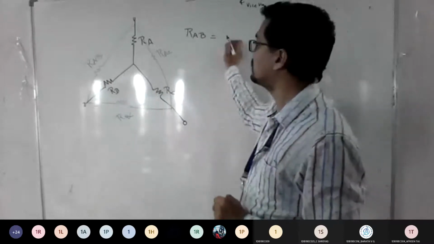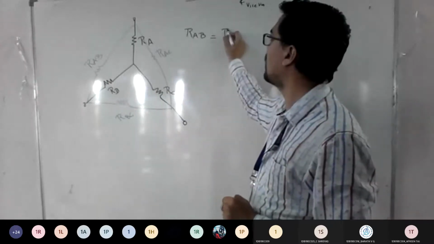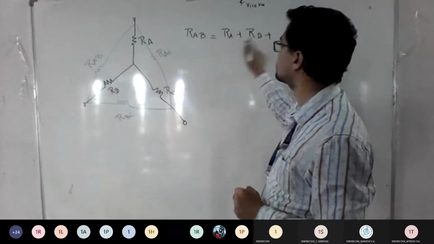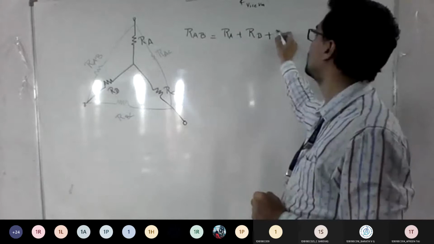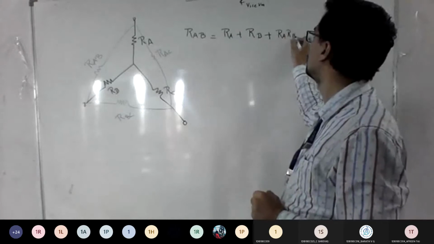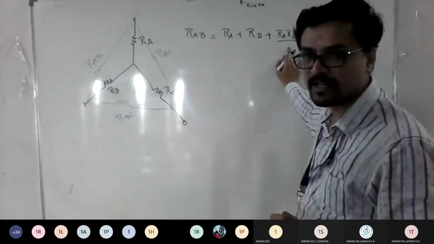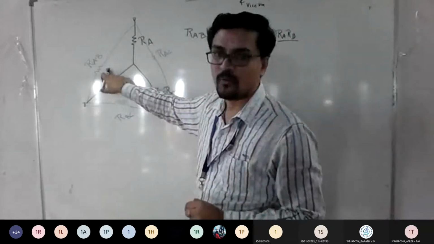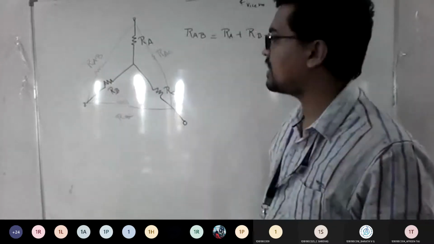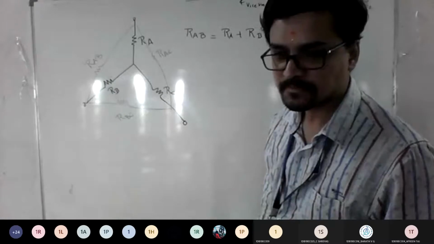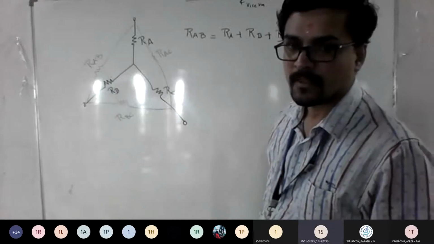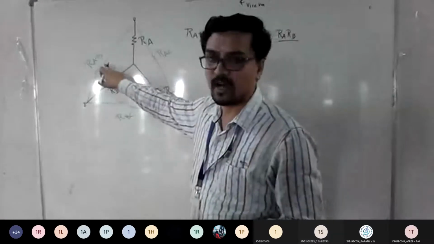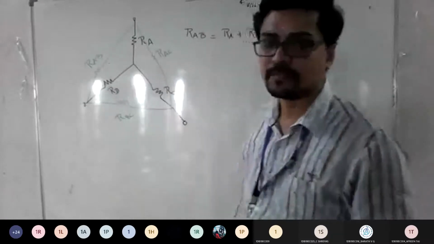Let me write. Listen carefully. RAB means RA plus RB plus the multiplication of the same thing, RA RB, whole divided by the opposite resistor term. So for this RAB, which is the opposite resistor among RA, RB, RC? RC.